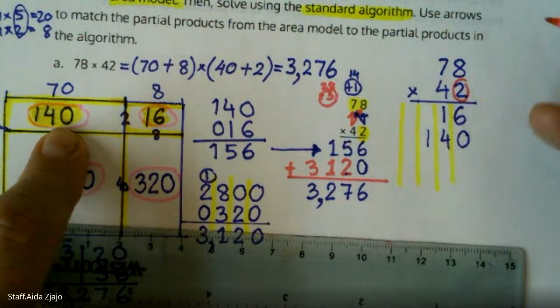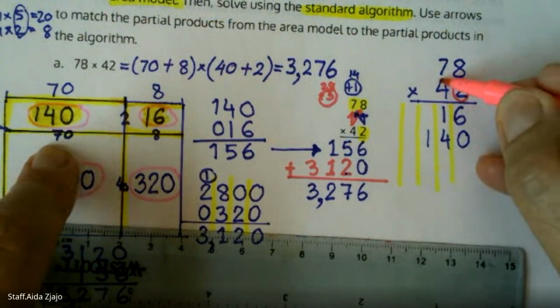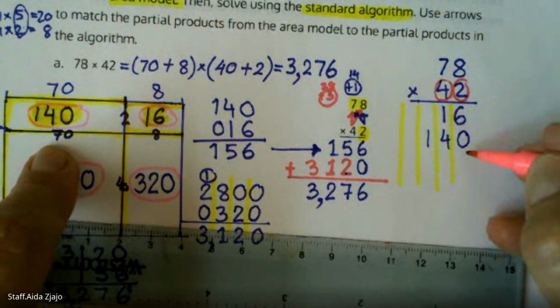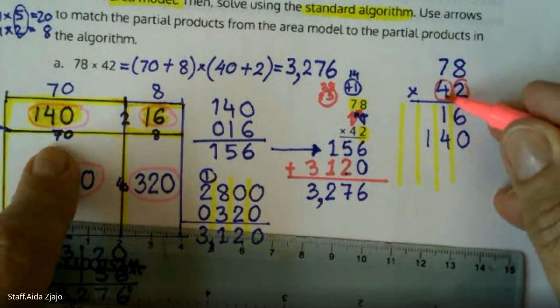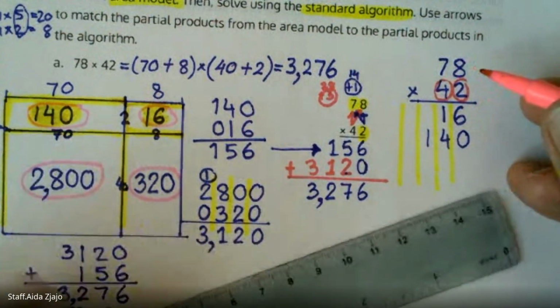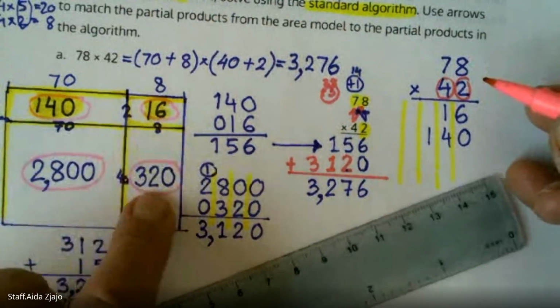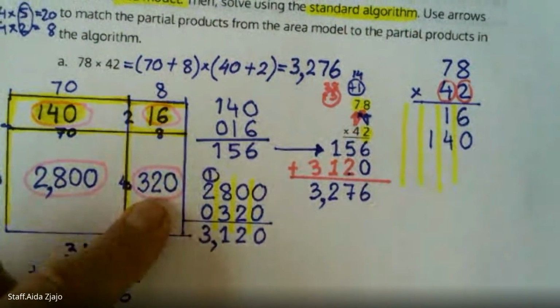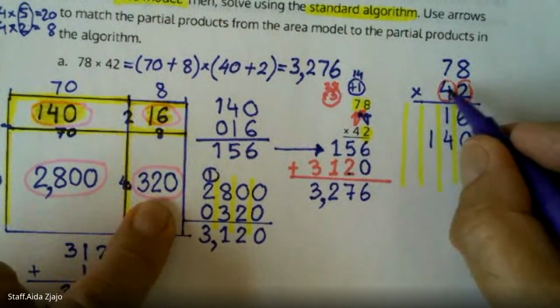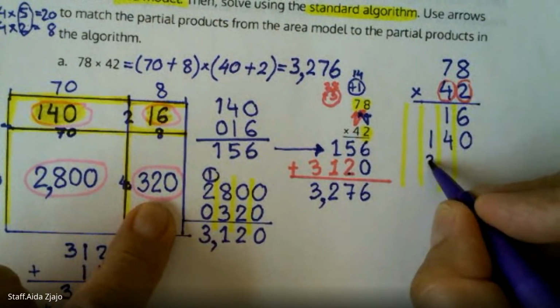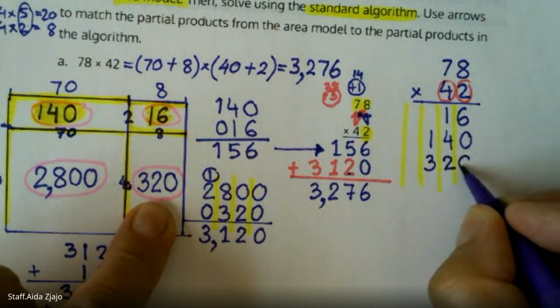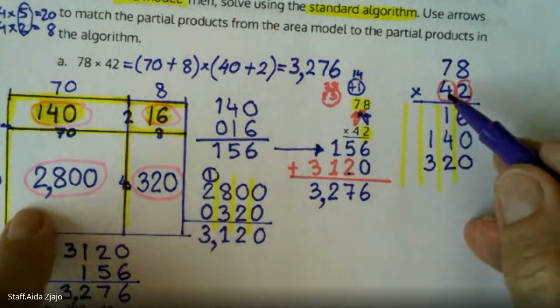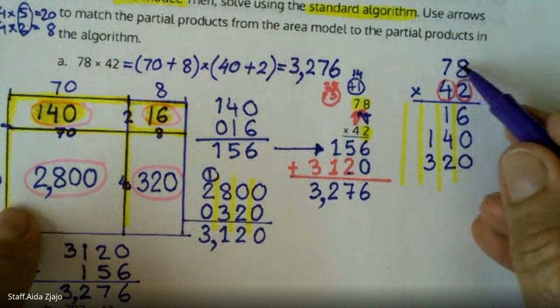I'm going to move to now 40, and that's 40 times 8. 40 times 8 is 320. And then also 40 times 70.